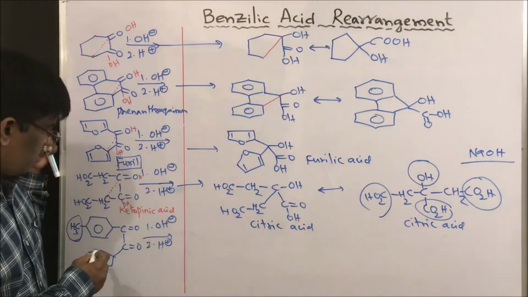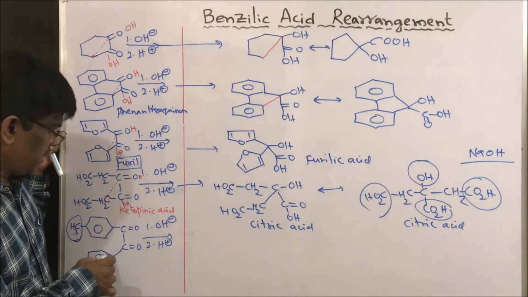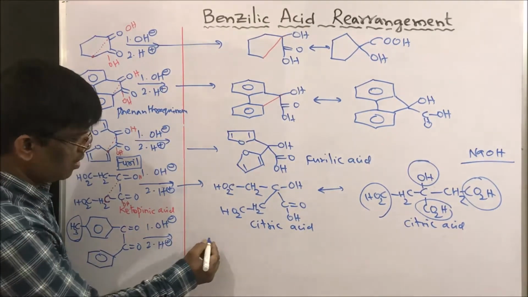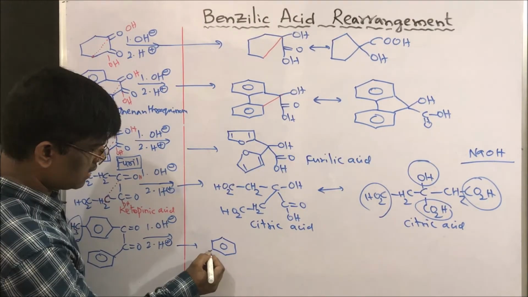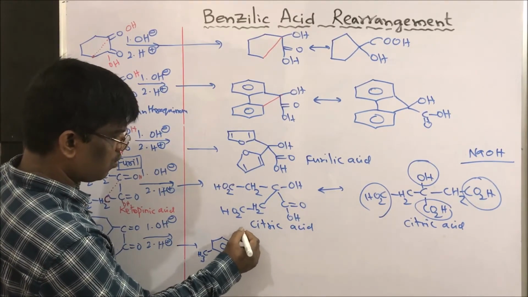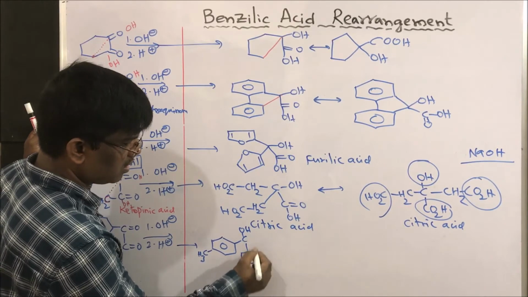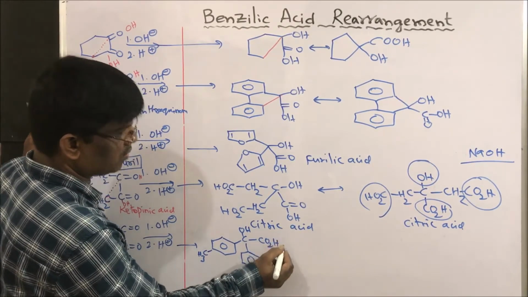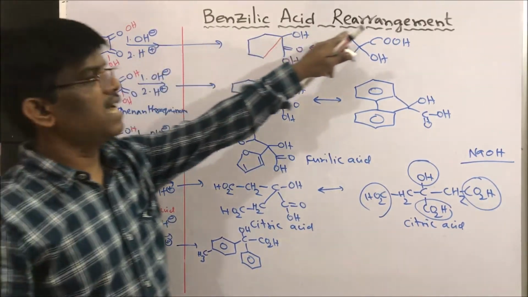So what about this? Yes, when a methyl group is there, instead of methyl, this phenyl group is going to rearrange to give, so what I wrote, let us write toluene will be here and OH here, benzene ring comes here, CO2H. So these are all the rearranged compounds based on benzilic acid rearrangement.